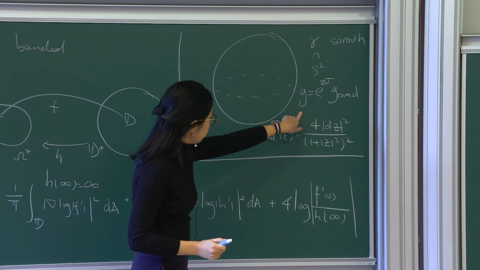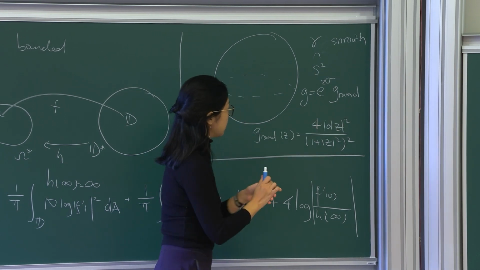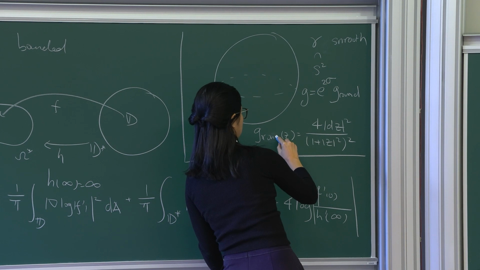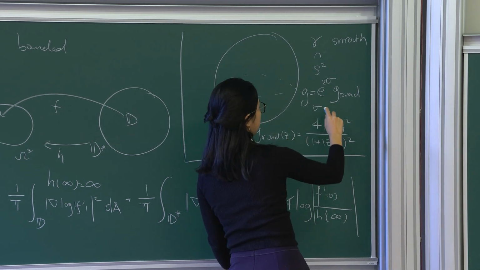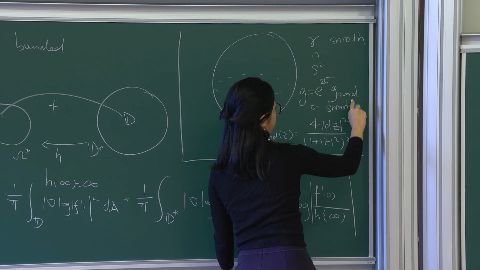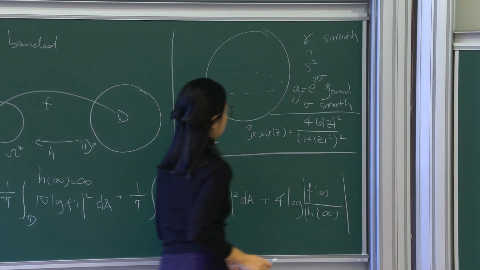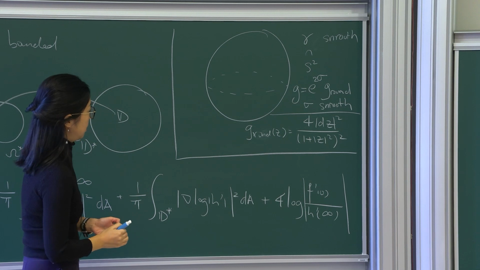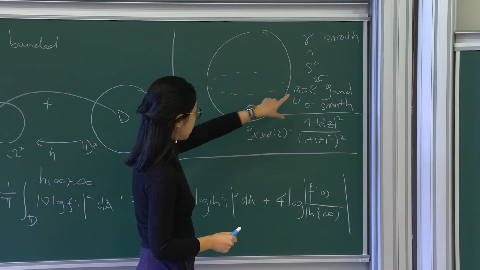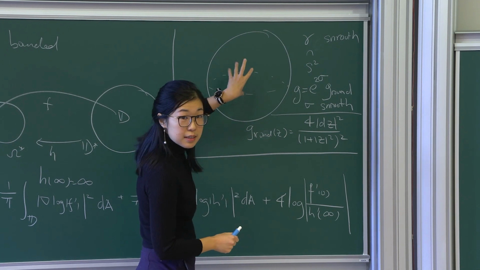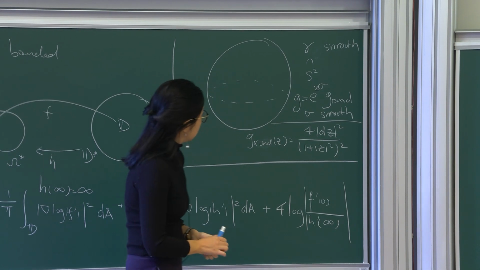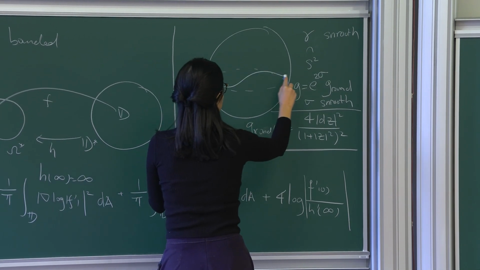And g is another metric which is conformal to this round metric, and I ask sigma also to be smooth. Right, I put the round metric, but on top of it, I take another metric which is just locally a scaling of the original metric. And now my curve is somewhere here.